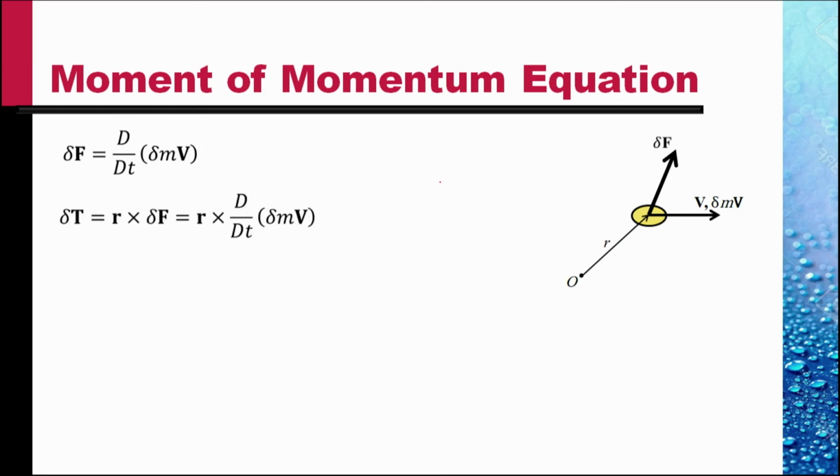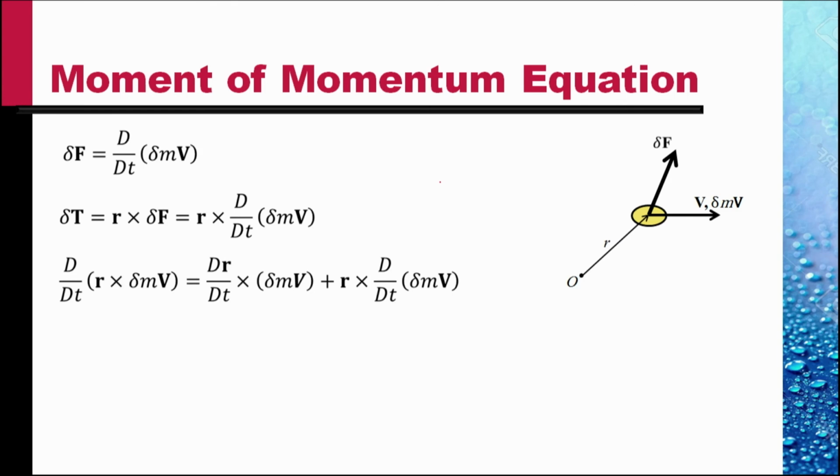Let's take the torque of the force by cross multiplying vectorially with the position vector r at the left. So this gives you delta torque, delta T vector, as r cross delta F. And that would be r cross d by dt of delta m v.